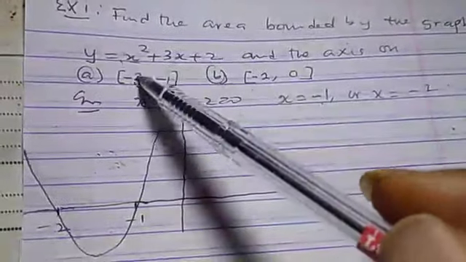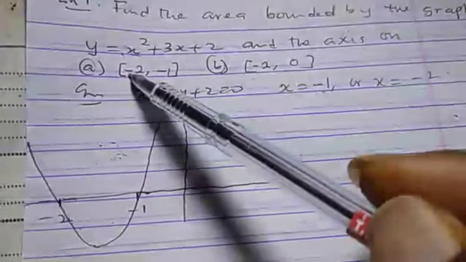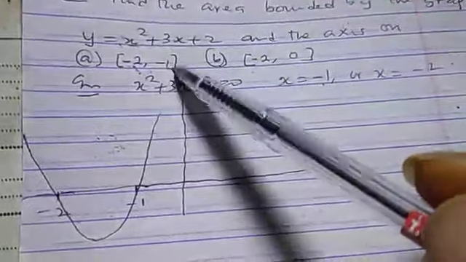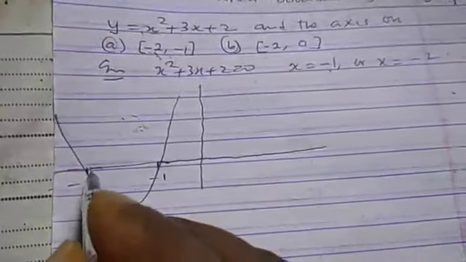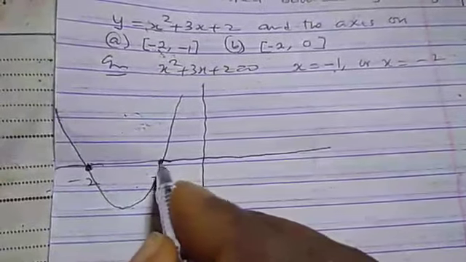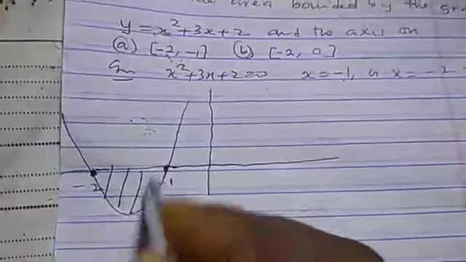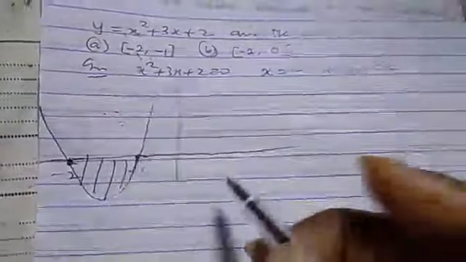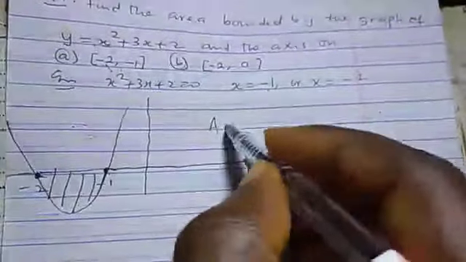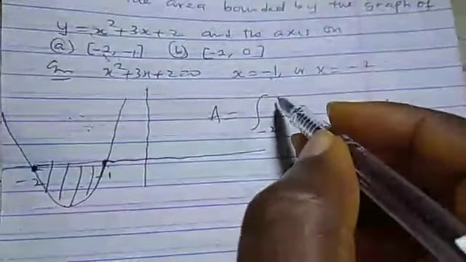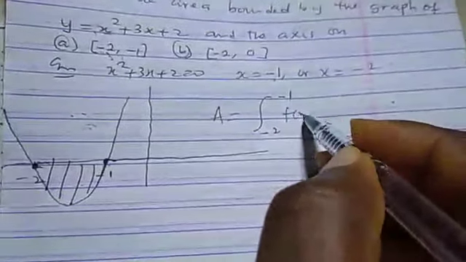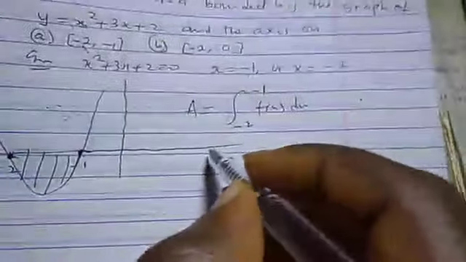Now the first question says we are dealing with -2 to -1. That is from this place to this place. So this is what we are looking for. In that case, area is the integral from -2 to -1 of f of s ds.